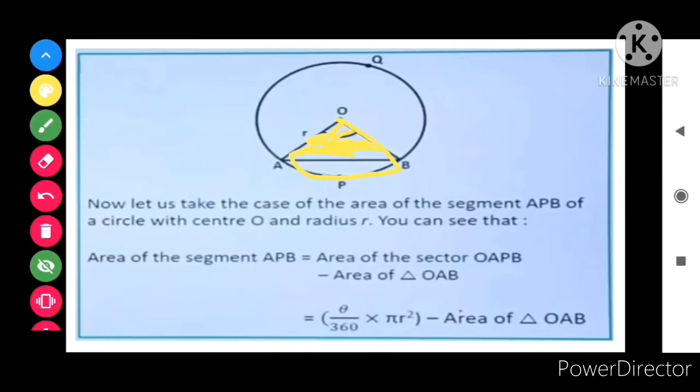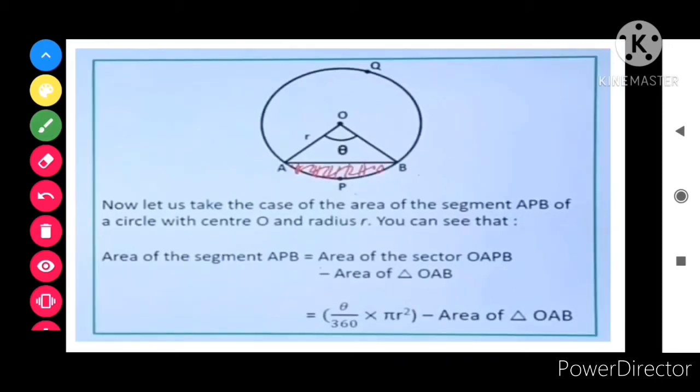So as we know, area of the sector, the formula is theta by 360 into pi r square, minus area of the triangle OAB. Very clear. It is the formula for area of the segment APB. Understood?